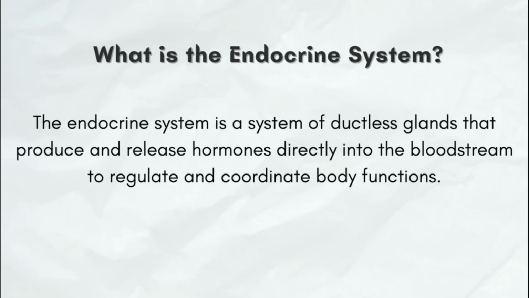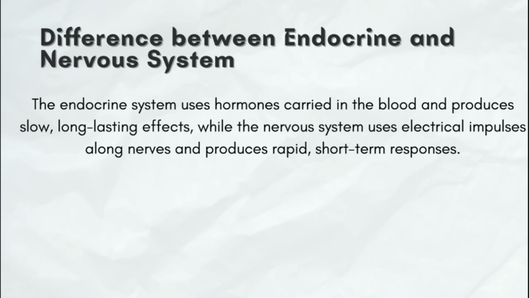When those hormones are released, they regulate and coordinate the body's function, whether that means increasing something, decreasing something, or controlling blood sugar. It all works together to maintain homeostasis in the body.